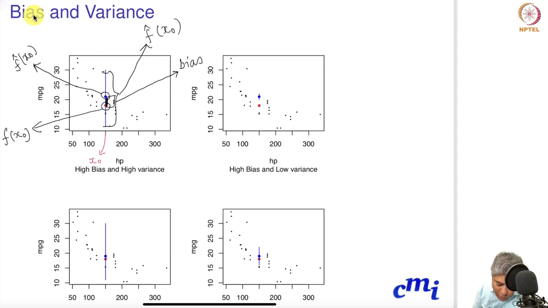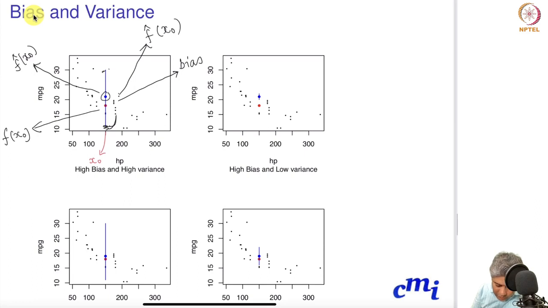Now what is this blue line? Sorry, previously I said red line. This blue line gives you the prediction. Let me erase this part a little bit.